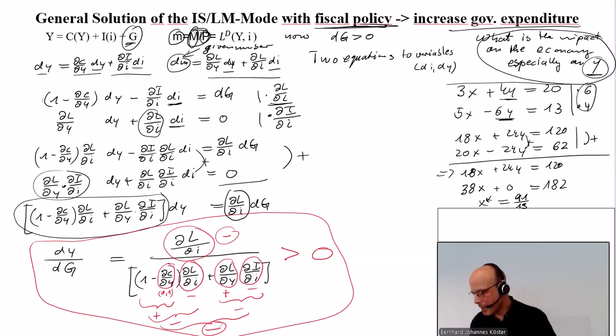Yeah, and maybe you can imagine that this kind of concept you can also use if you have not only two variables, but three, four, and so on. And overall, in the end, these are then general equilibrium models. And of course, this is what a good model is then about.